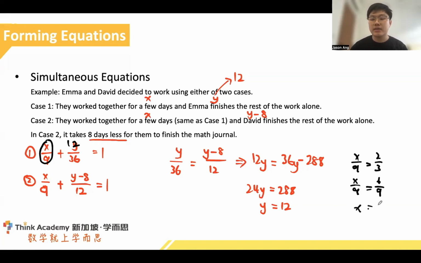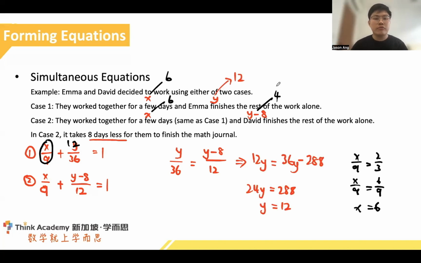And here X equals 6. And just like that, we have figured out they took 6 days to work together, and Emma had to work 12 days alone. But if they work together in case 2 again, still 6 days together, David would have only required 4 days to finish the rest of the work himself.